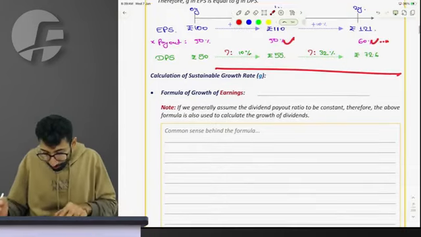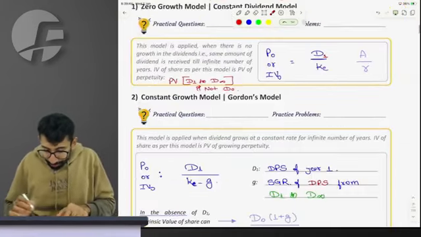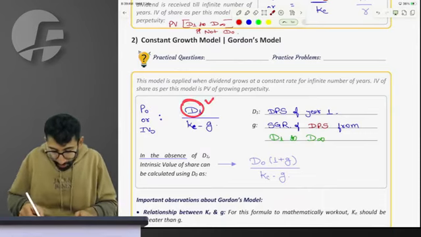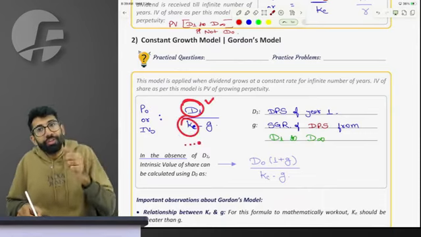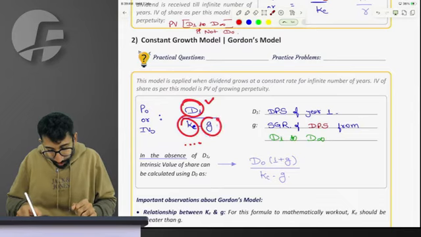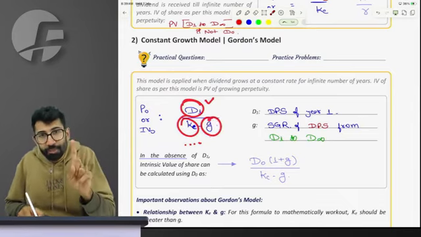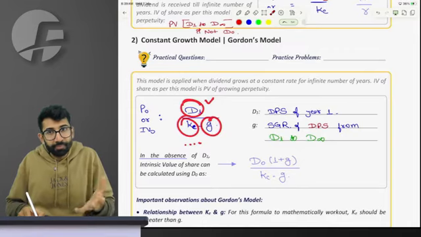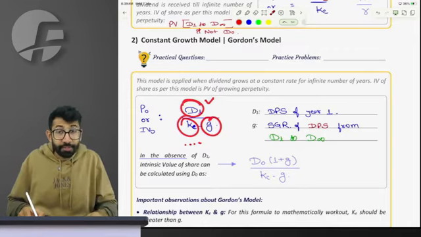Perfect. Sir, for now, what we have learned in Gordon's formula, we should have D1 ready. We should have the cost of equity with us. We should have the growth with us. First possibility, the examiner can give me the amount of growth directly, like it will grow by 10%.